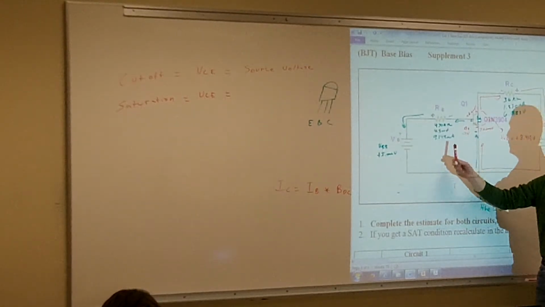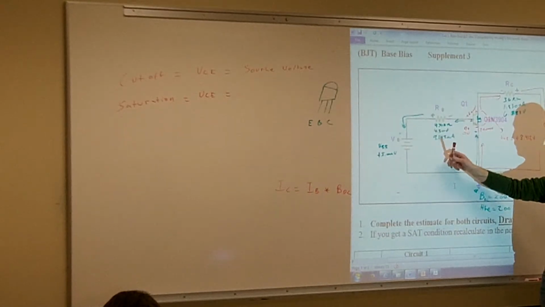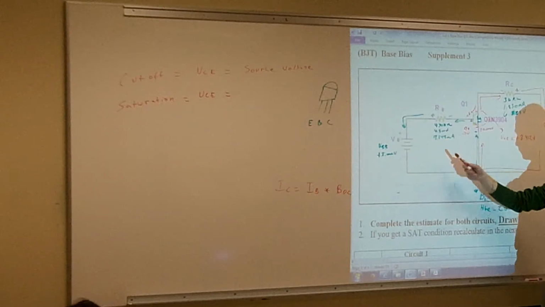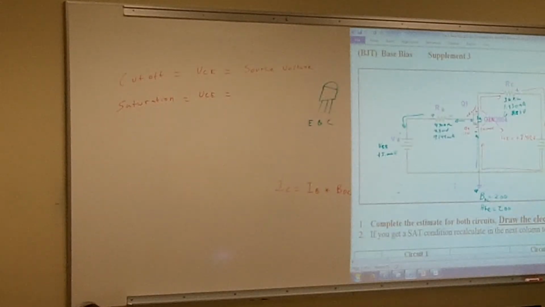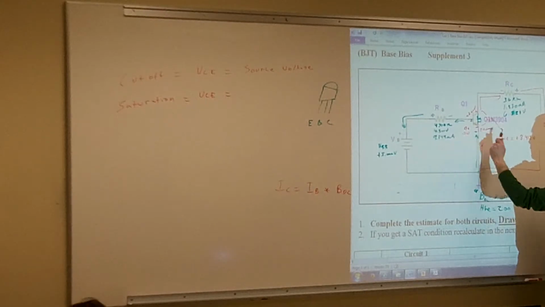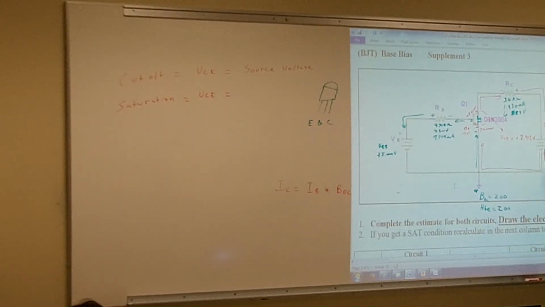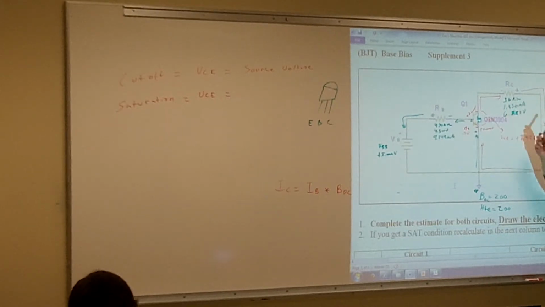Well, if I go into saturation and I take some number, let's say this thing is in, like, 3 milliamps or something, what's going to happen? I'm going to take my 3 milliamps, times it by 200, that's going to give me 600 milliamps. Well, it's impossible for me to get 600 milliamps with a 15 volt source and a 3.6 kilo ohm resistor.